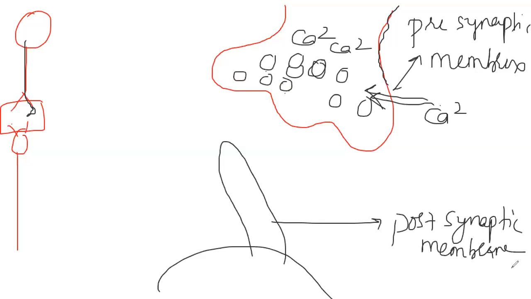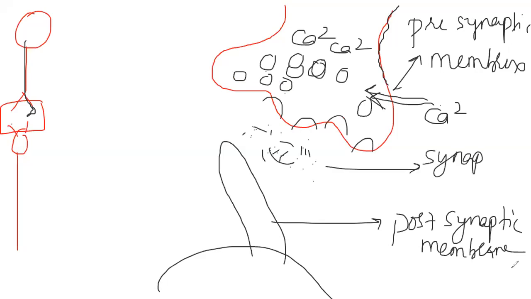So the synaptic vesicles break down and release the neurotransmitter acetylcholine into the synaptic cleft. The space we say is the synaptic cleft.